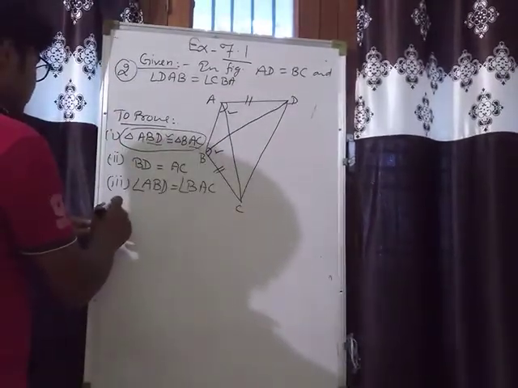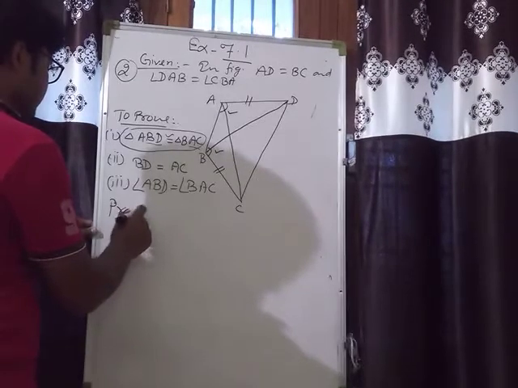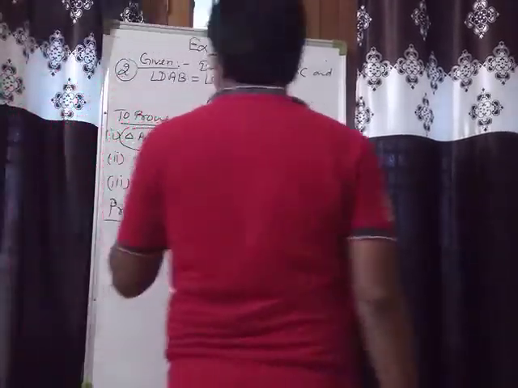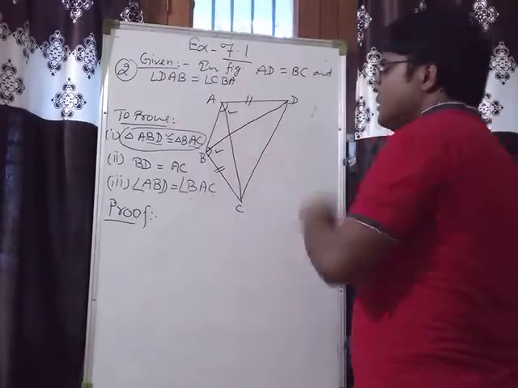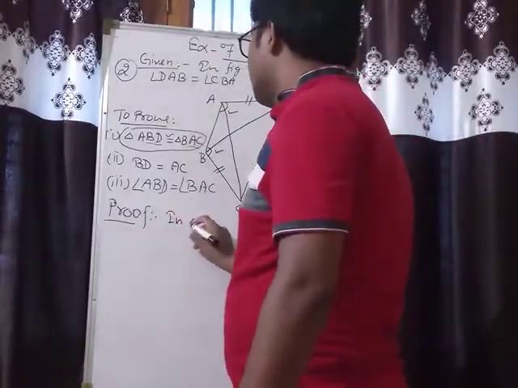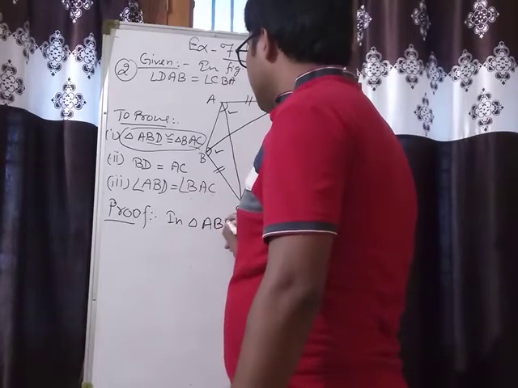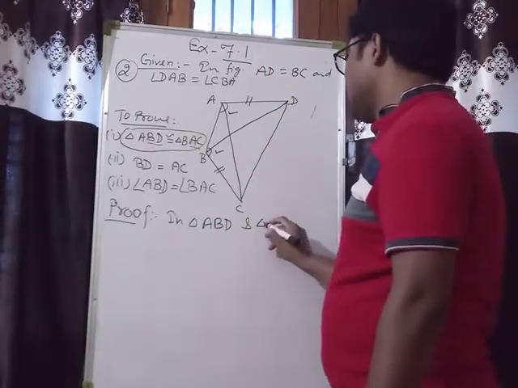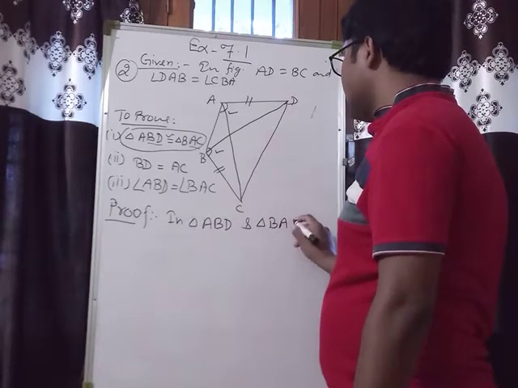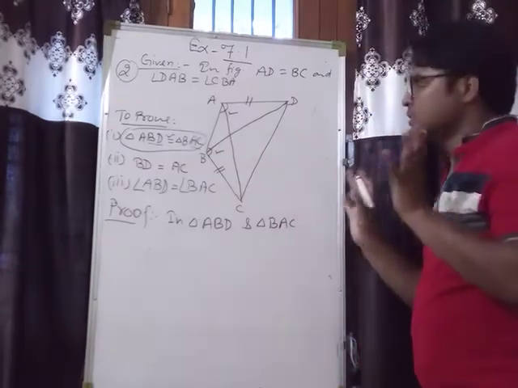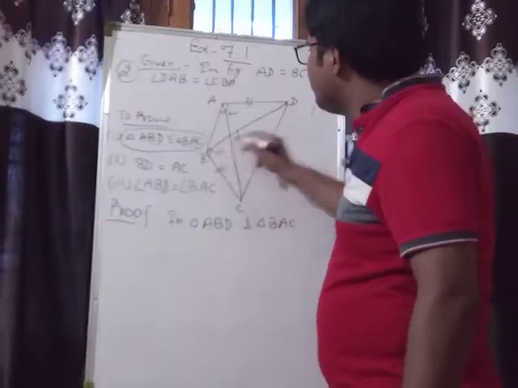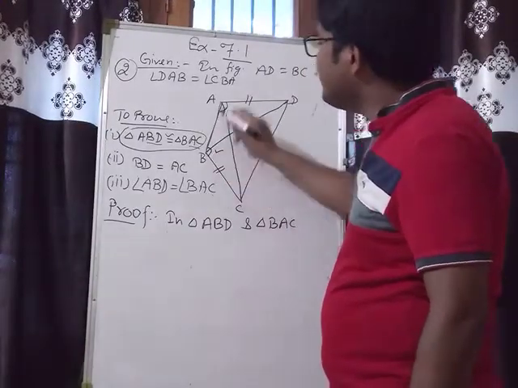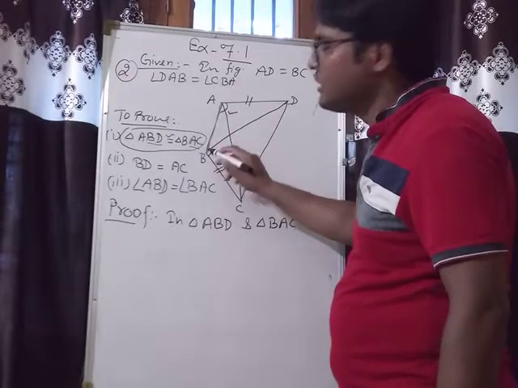See its proof. Consider these two triangles, triangle ABD and triangle BAC. Very easy question. In triangle ABD, AB is there, and in triangle BAC, again AB is there.